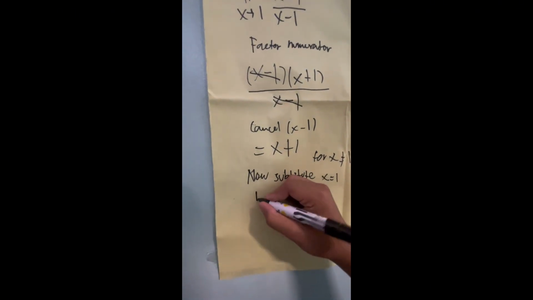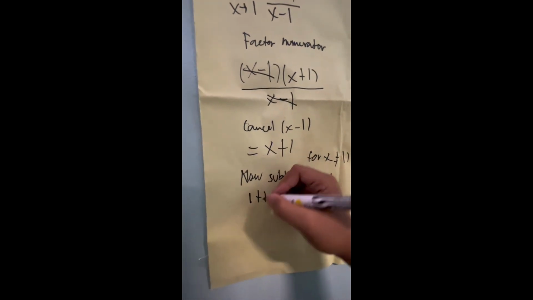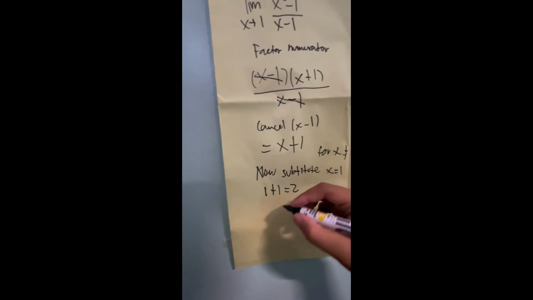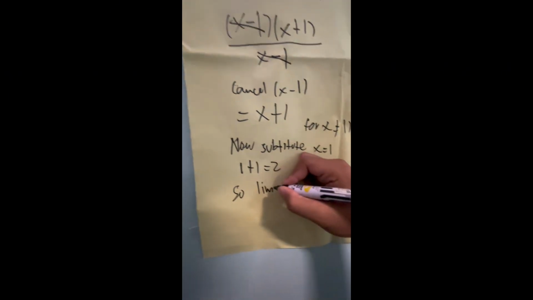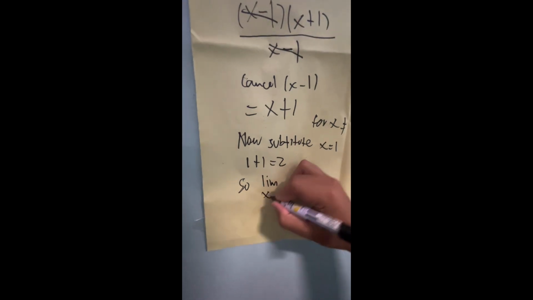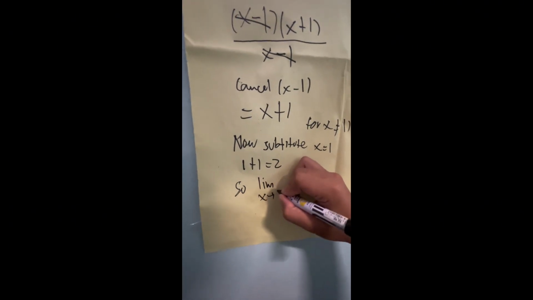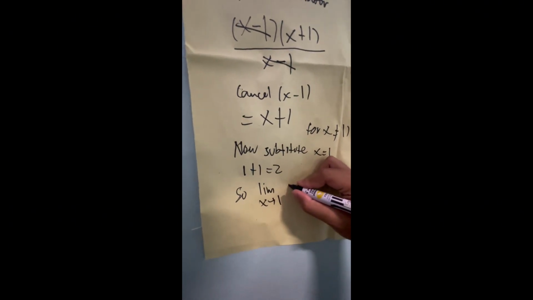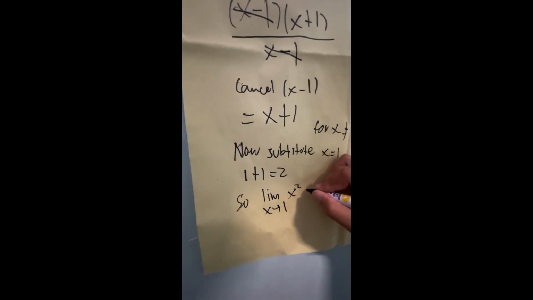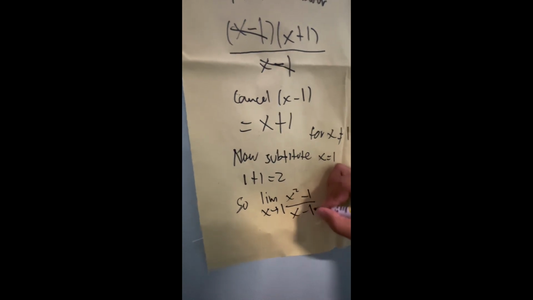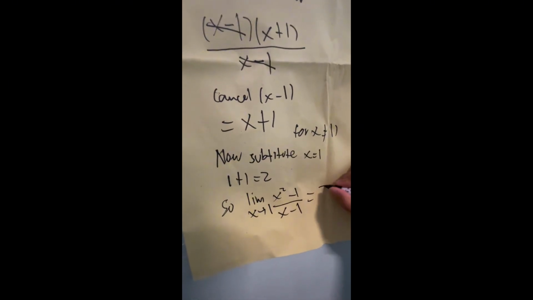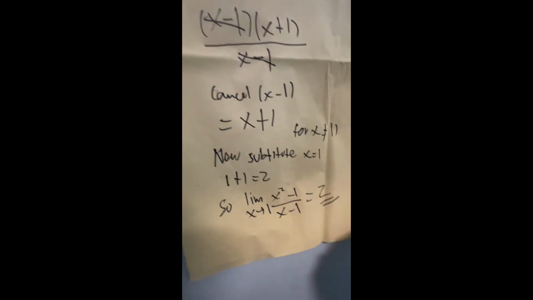So 1 plus 1 is equal to 2. So the limit as x approaches 1 of x squared minus 1 over x minus 1 is equal to 2. So this is the final answer.